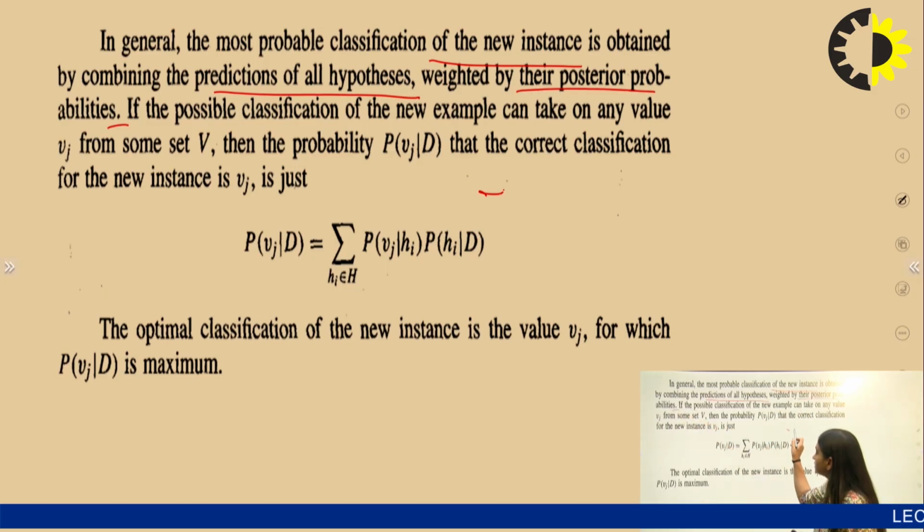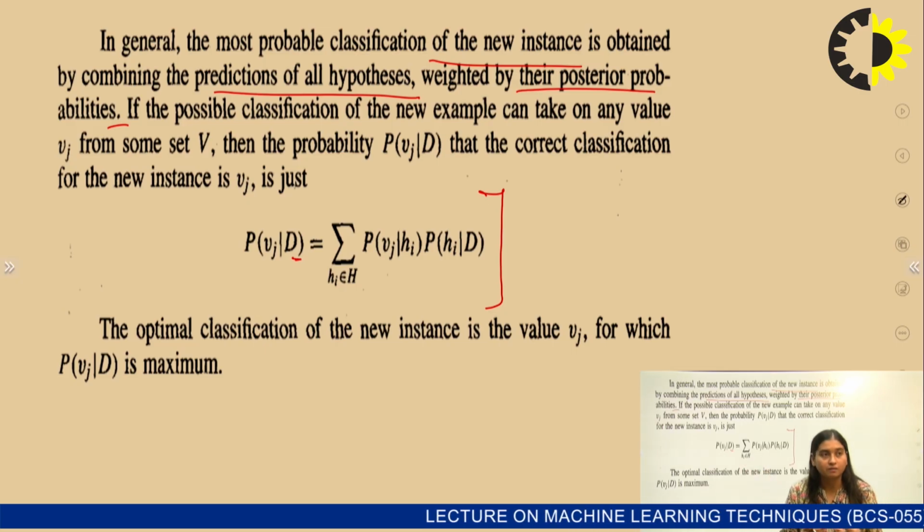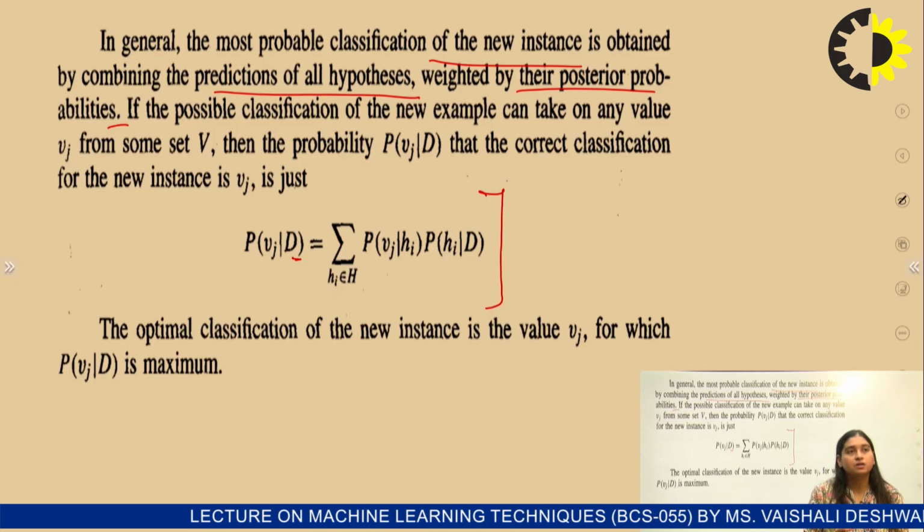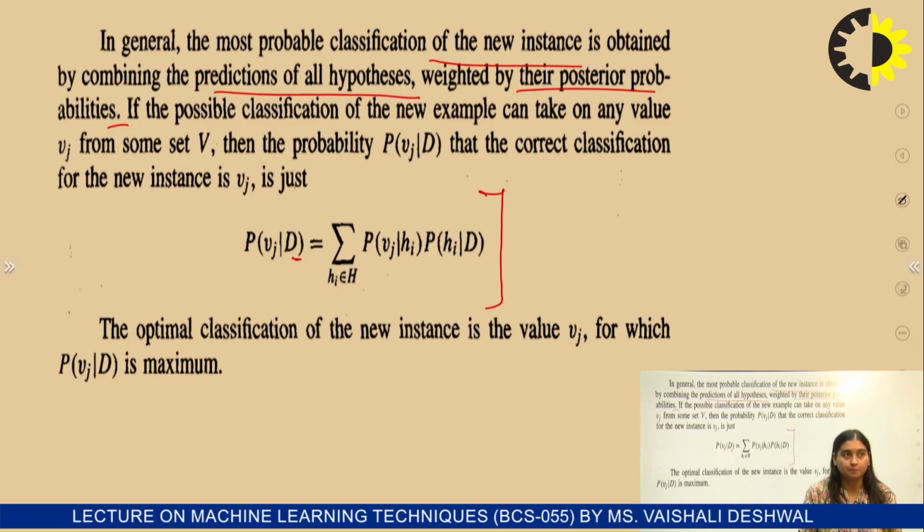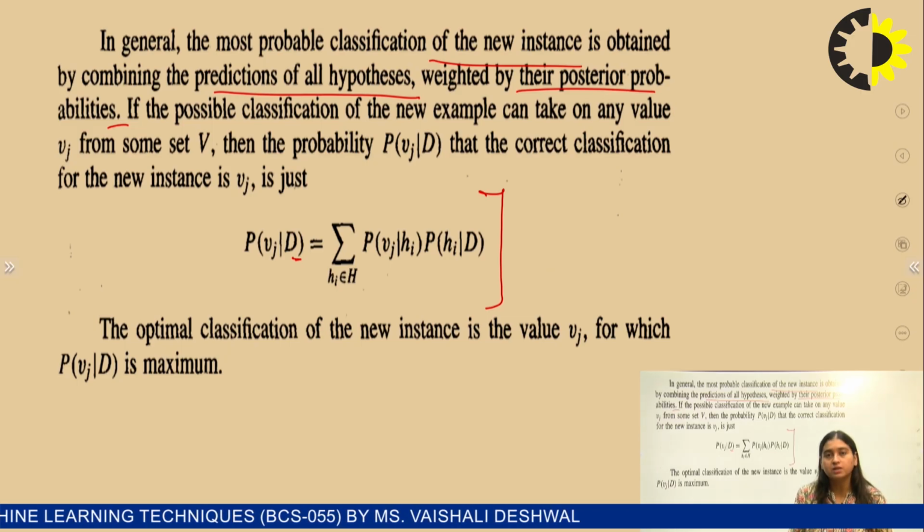As you can see from this formula, we are interested in finding, when D is encountered, or you can say D has already occurred, we have seen the data set, the values Vj from some set V. Suppose I have two categories, yes or no, so V can be yes or V can be no.